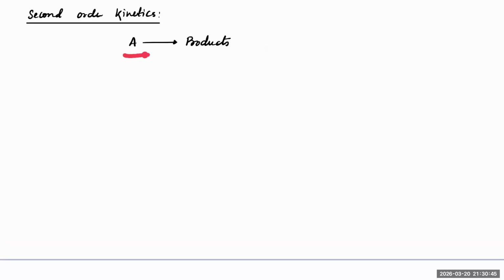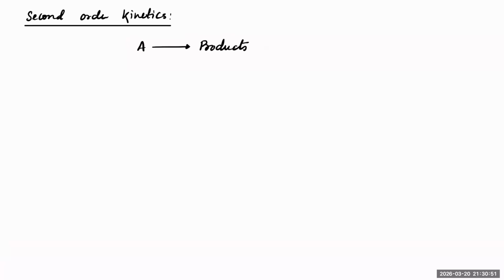If some reactant A is giving products, and let's say this is second order kinetics, then at t equal to 0, let's say the initial amount is A naught, and at time t equal to t, this will become A minus x or At. This may be x or any amount, it doesn't matter.